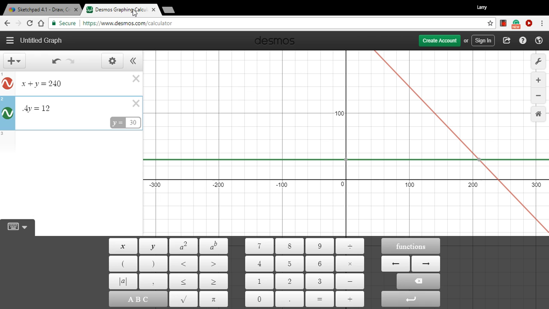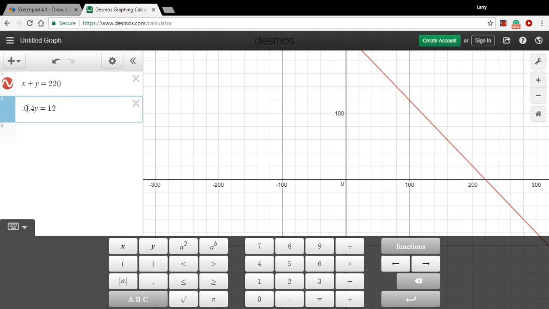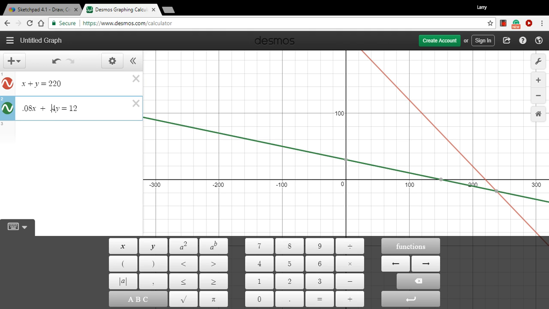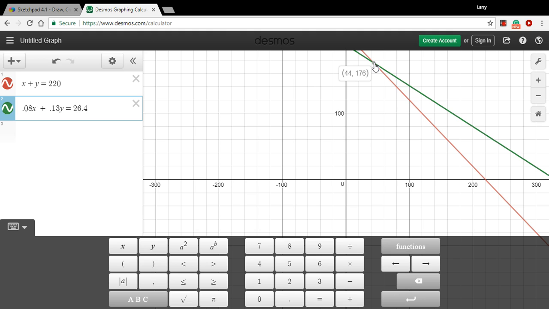So let's go ahead and graph those. So we've got X plus Y is 220, and we've got 0.08X plus 0.13Y equals 26.4. All right, and they cross here.